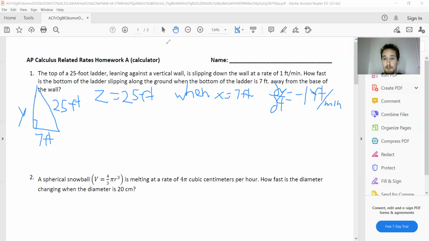Second step, determine formula, right? The easiest way when you have a right triangle to just come up with a formula, x squared plus y squared equals z squared.